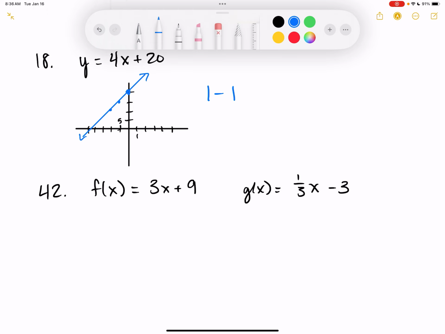So we check f of g of x, and we're going to check g of f of x. So anywhere that I see an x in f of x, I'm putting this function g of x. So over here, I'm going to have 3 times 1/3 x minus 3, plus 9.